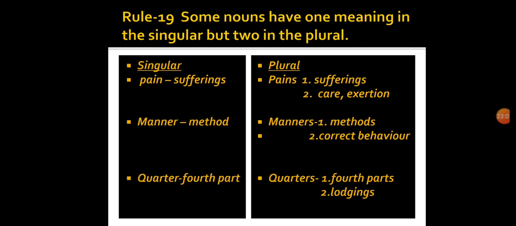See another word, manner, which means method in singular. But in plural form, manners means methods and also manners means correct behavior. Another word in singular form, quarter, which means fourth part. But in plural form, quarters means fourth parts and also quarters means lodgings.